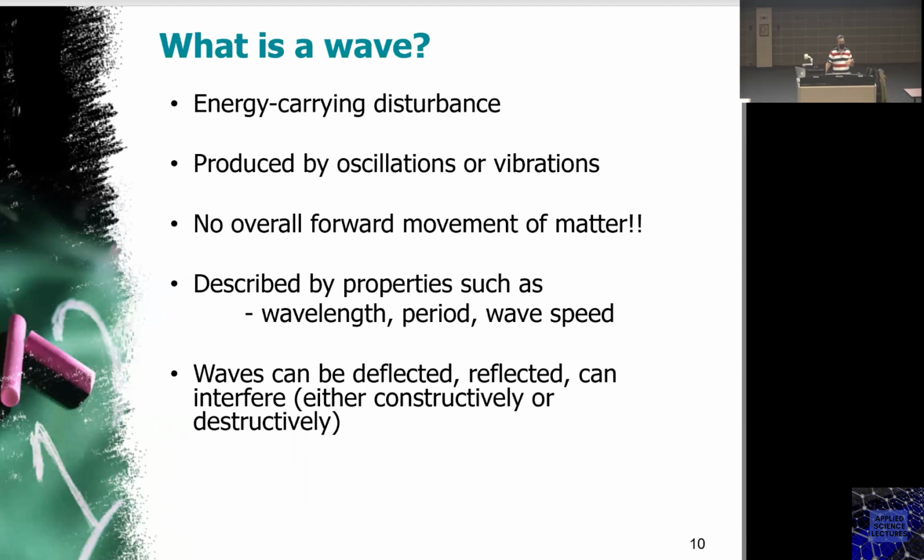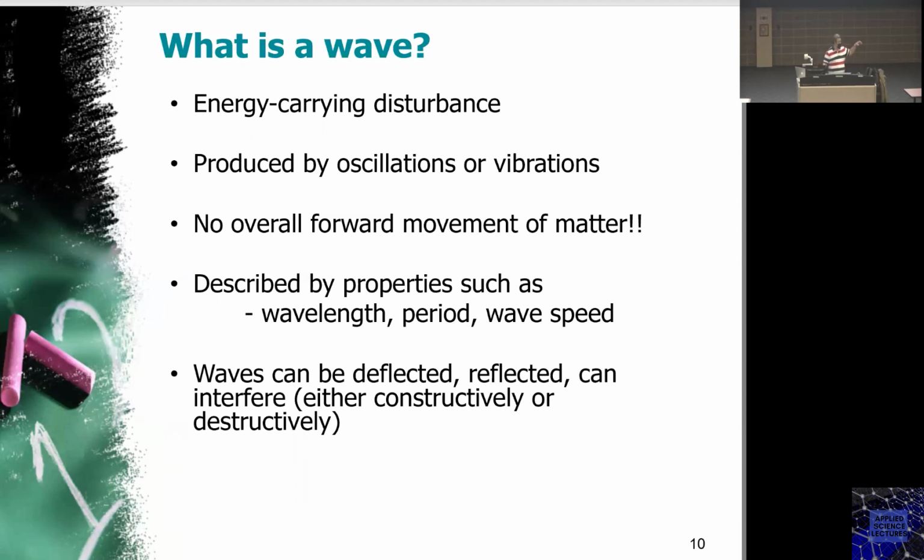This disturbance will cause energy to be transferred to that medium and then propagate in that medium. Keep in mind that the matter itself does not move forward. It's only disturbances in terms of oscillations happening in the medium that cause this signal to propagate.